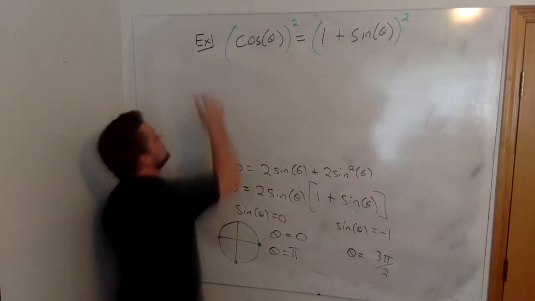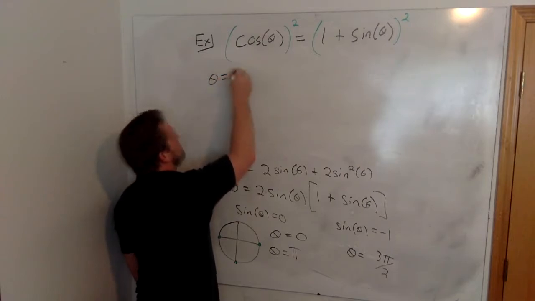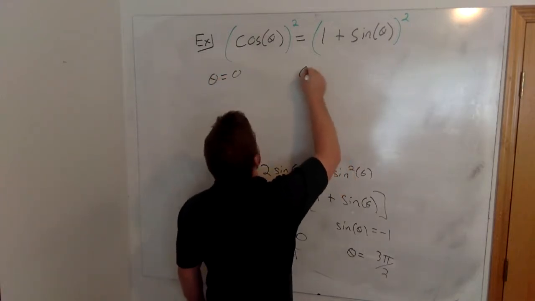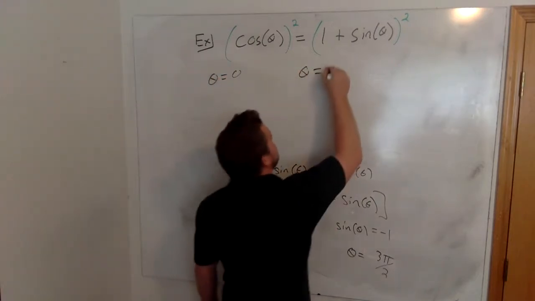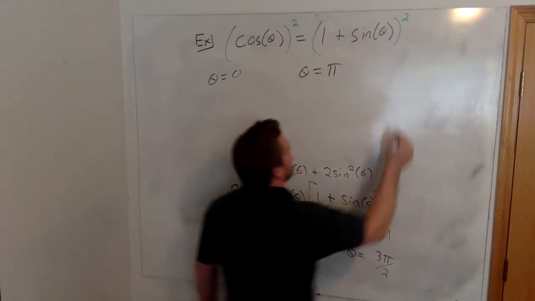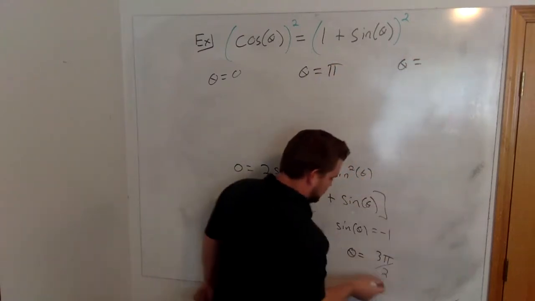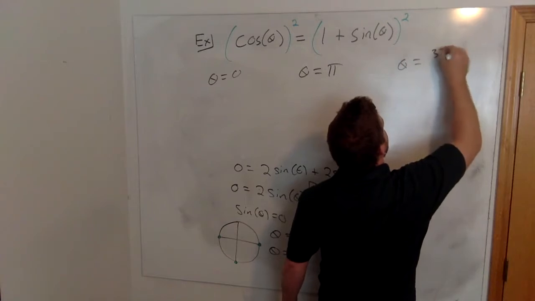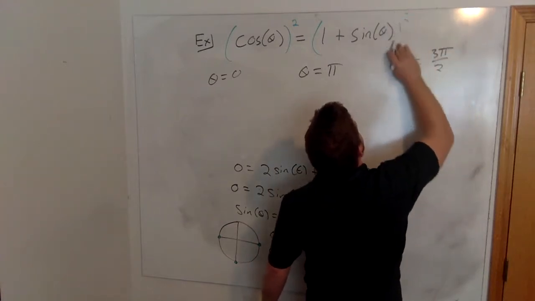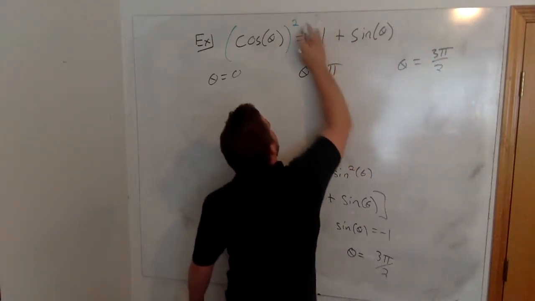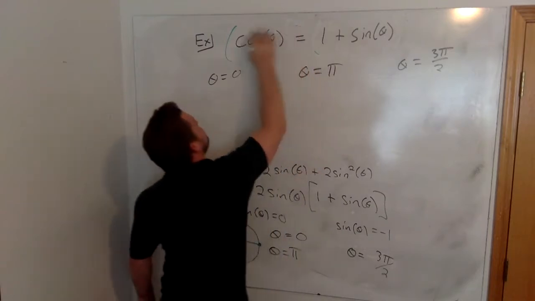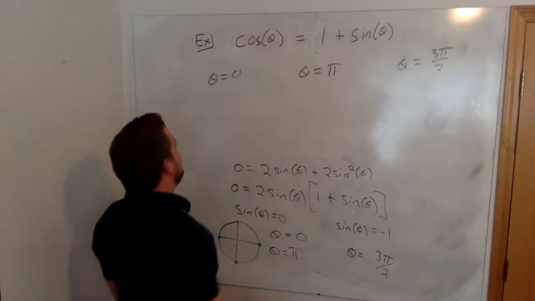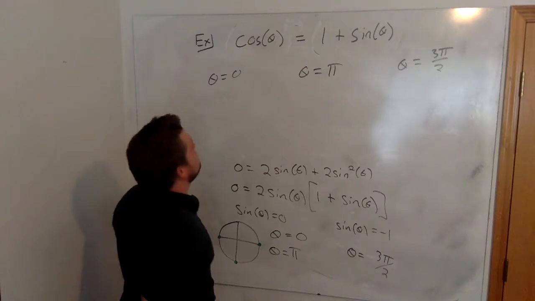So let's check them. What about theta being 0? We also want to check theta is pi, and we'll also want to check if theta is 3 pi over 2. You don't want to plug them into the version squared. You want to plug them into the original equation. Okay. Well, if theta is 0, let's plug everything in.